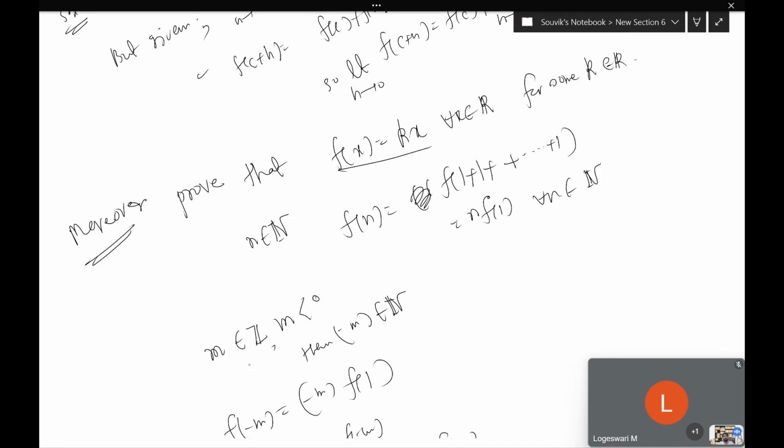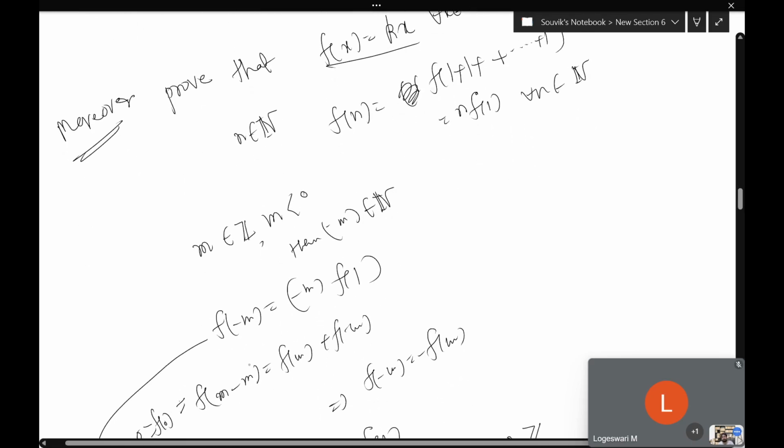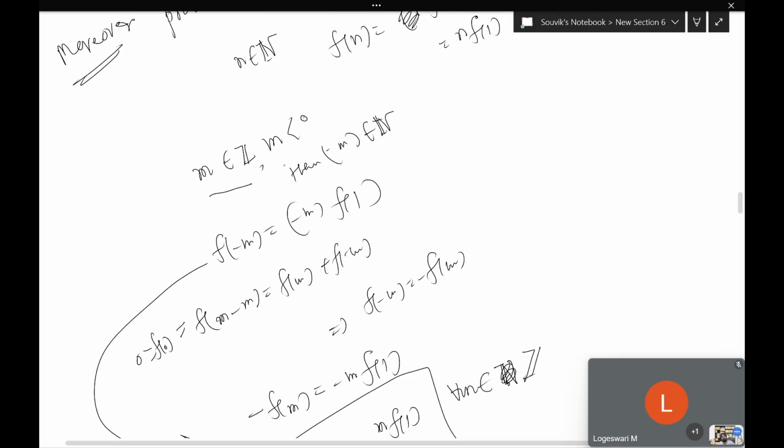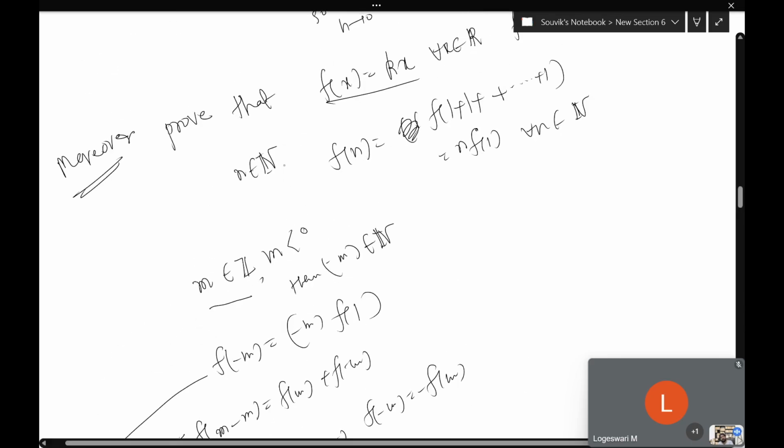We choose a natural number n, and f(n) is equal to f(1 plus 1 plus and so on plus 1), which is nothing but n f(1). So this tells that f(m) is equal to m f(1).